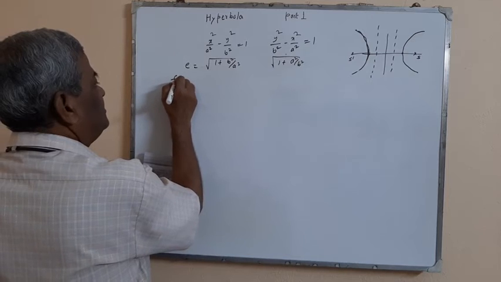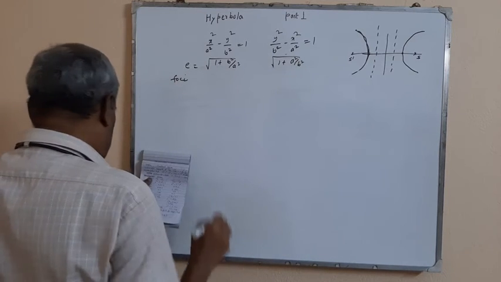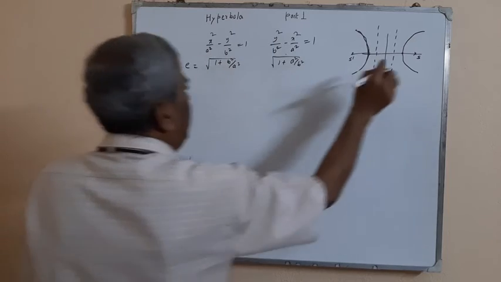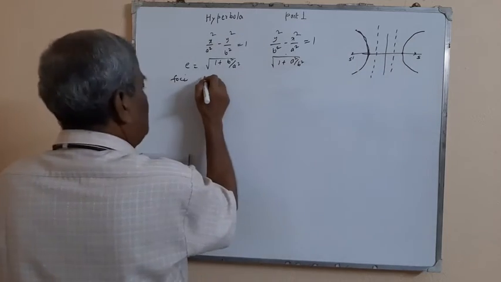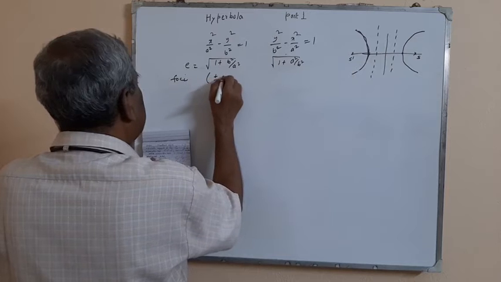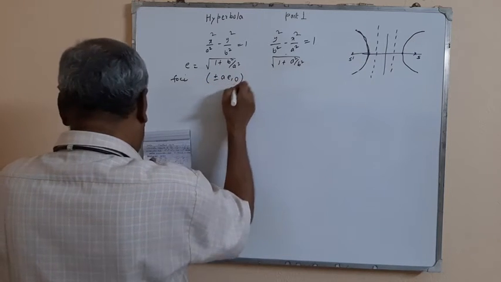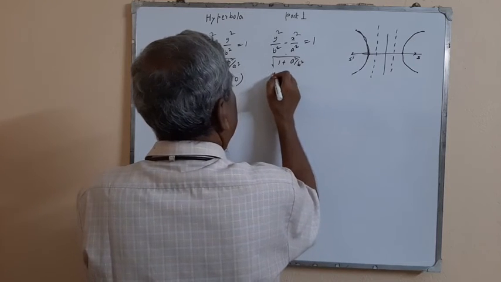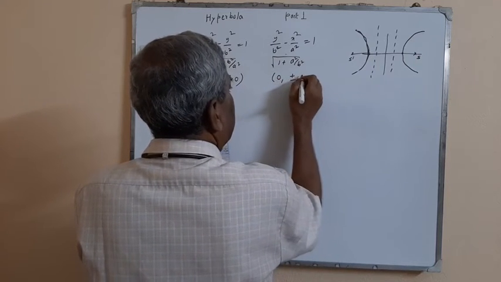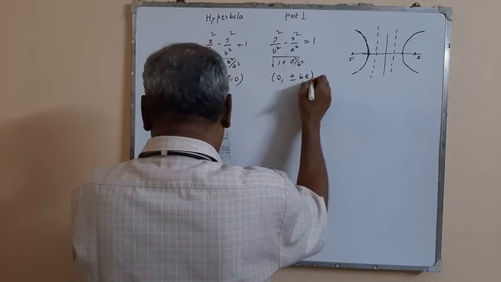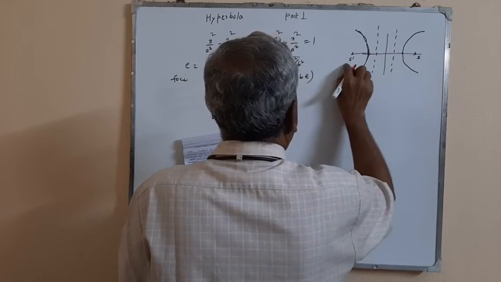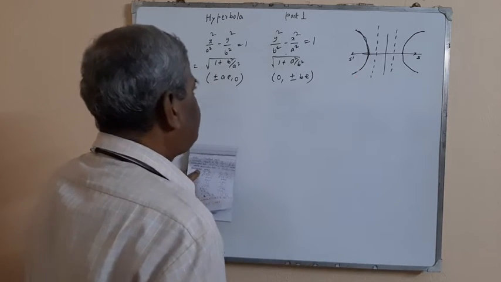Focus of this is (±ae, 0) and that of this is (0, ±be). That is, this is (ae, 0), this is (-ae, 0).